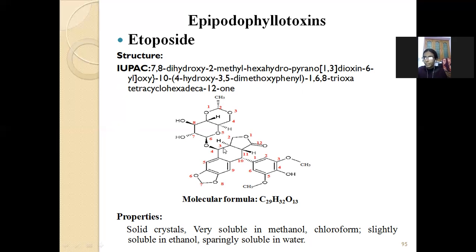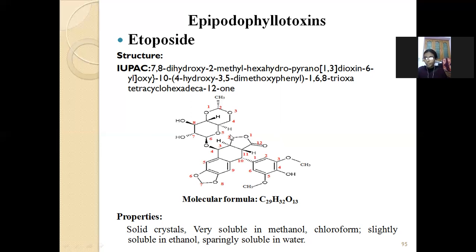And here, at the 1st, 6th, and 8th positions, oxygens are there. That is 3 oxygens, so 1,6,8-trioxa. How many ring structures are there? 1, 2, 3. So tetracyclohexadeca-12-one, meaning a double-bonded oxygen is there.